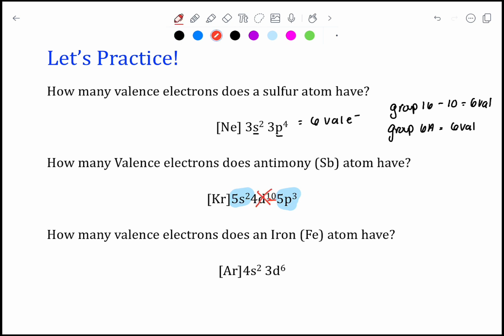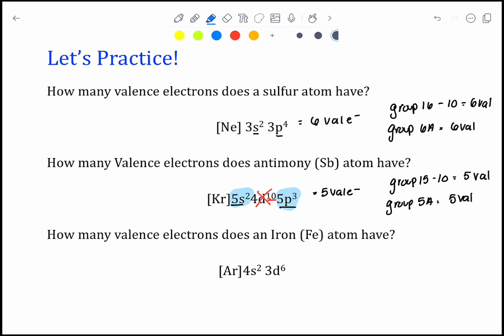It's because of those 10 d electrons, okay? So it's only in the s and the p, so we add those up, and that's 5 valence electrons in antimony. Antimony is in group 15. We subtract off those 10 electrons, and we get 5 valence. It's also in group 5A, so that's 5 valence.